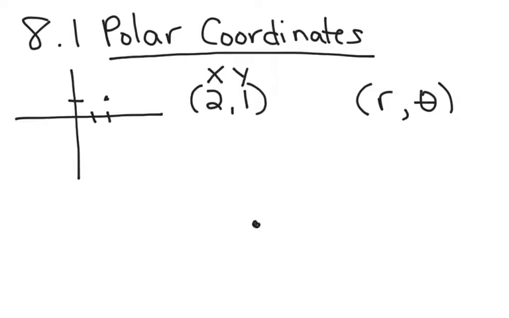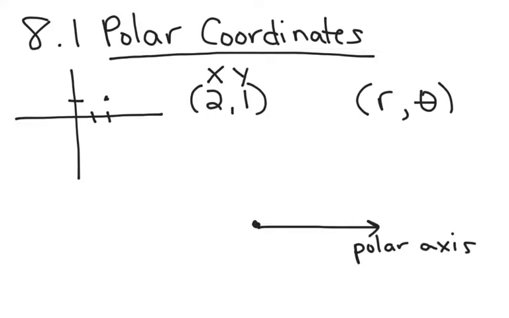So we're going to start our polar coordinates by labeling the positive x-axis on a coordinate plane. Now, in trigonometry, we call that the initial or starting ray. Now we're going to call this the polar axis. It starts in the exact same location.